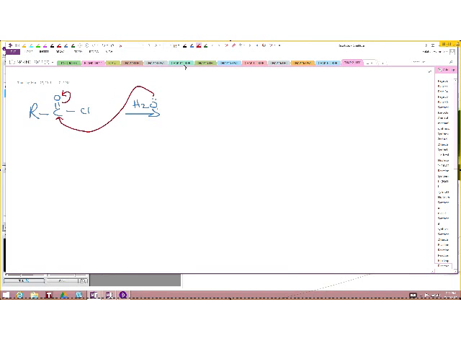So you form your tetrahedral intermediate. And then what happens next?